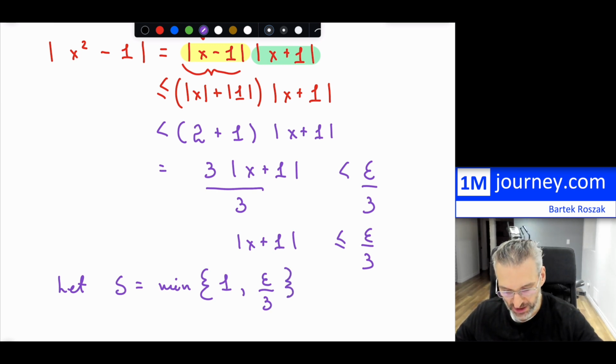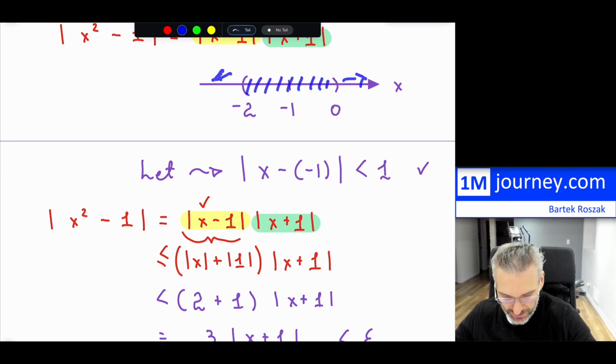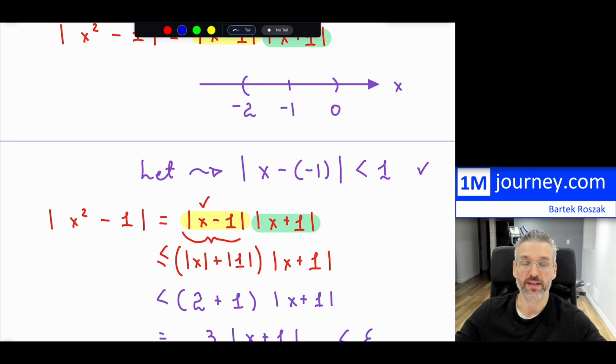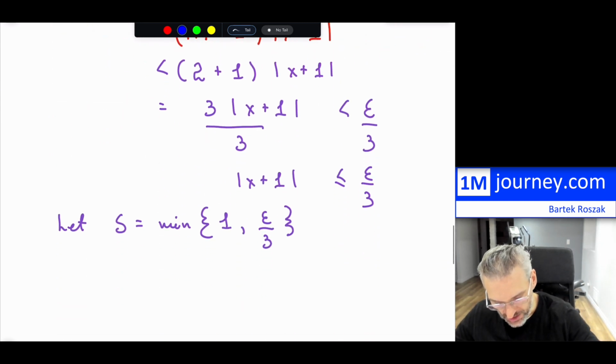If it's epsilon over 3, that's for this particular region. And then if it goes beyond, we can just say, that's fine, let's just minimize our delta to 1. It's not going to be the ideal delta, you can find a bigger delta if you wanted to. But remember, using a smaller delta will work if you know that a bigger one has satisfied your proof. So there you go, that is our delta.